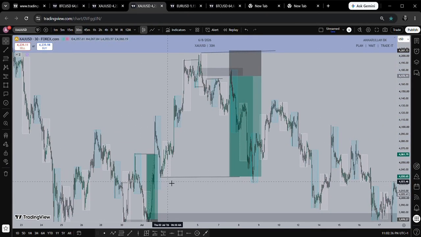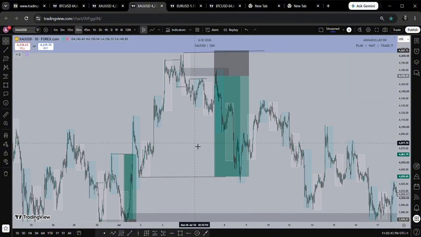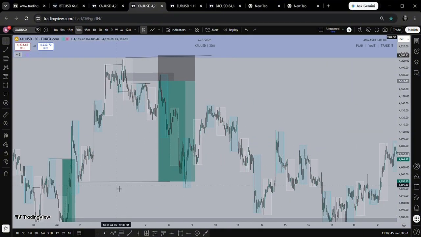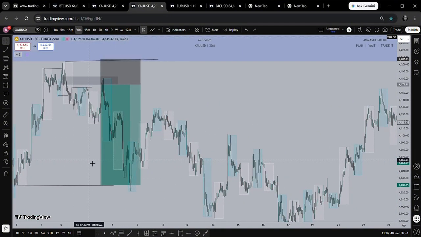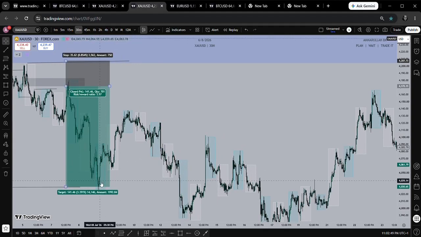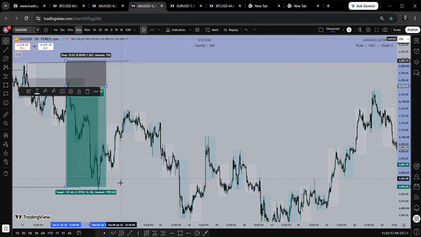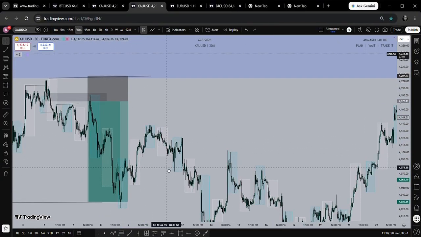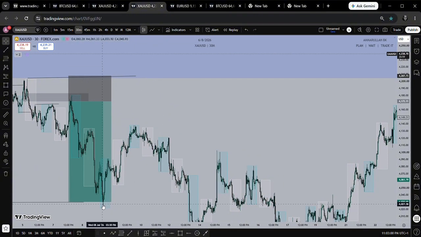Why? Because it's the next liquidity zone, liquidity point, right? We are expecting the market normally to come back and take it out. After the market takes that out and hits take profit, it will likely reverse back to reprice some levels. Where are those levels?